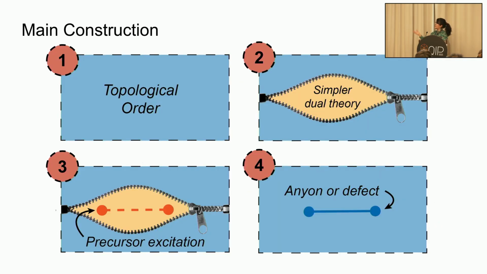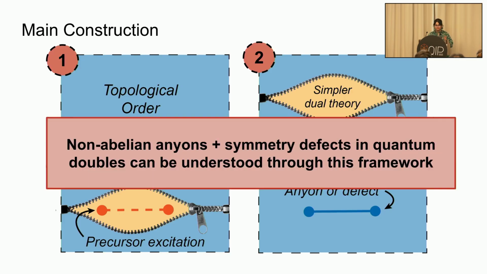Yeah, so just to recap the main construction, I'm leveraging duality to go back to something simpler inside of my topological order, and then I create a precursor excitation inside, or maybe I do something finite depth that acts between my simpler degrees of freedom and my topological degrees of freedom, and then I rezip so that I'm left with my topological degrees of freedom everywhere.